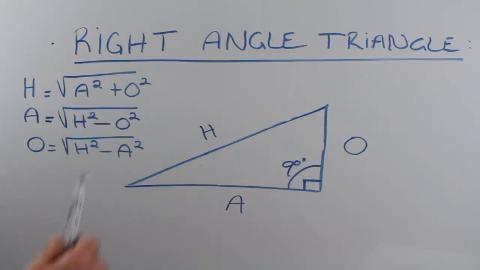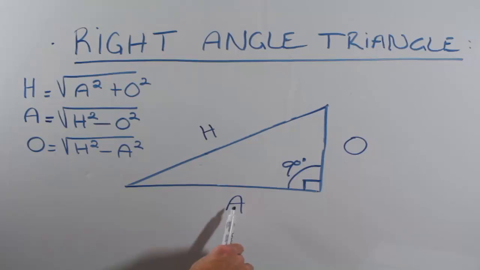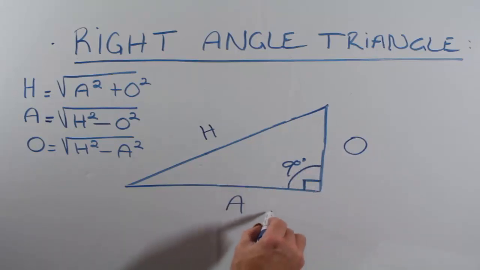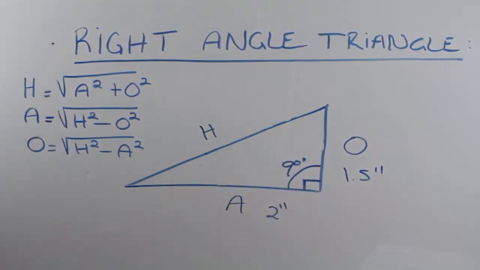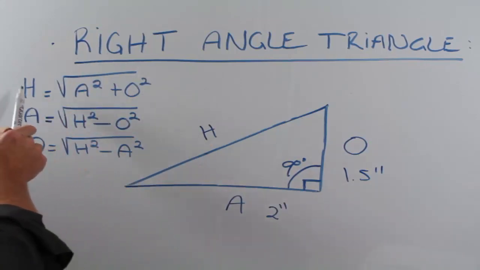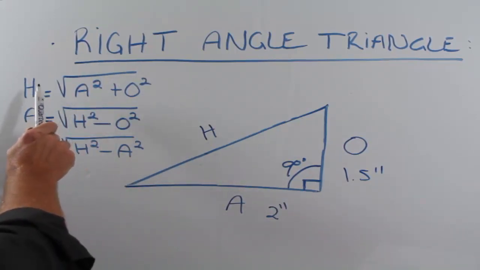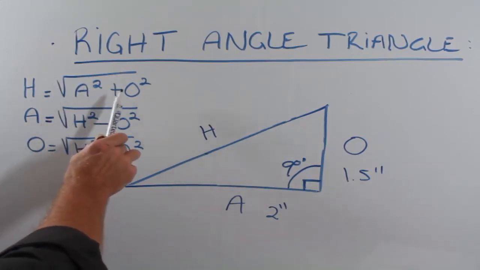Alright, so let's say that we want to find H and we have the length A and O. So A, let's say, is 2 inches and O is 1.5 inches. Okay, so we're going to plug these numbers into this first formula. We want to know H, so H equals the square root of A squared plus O squared.